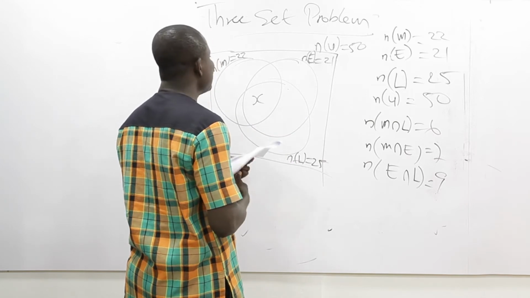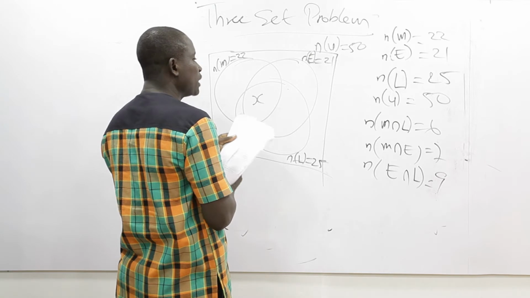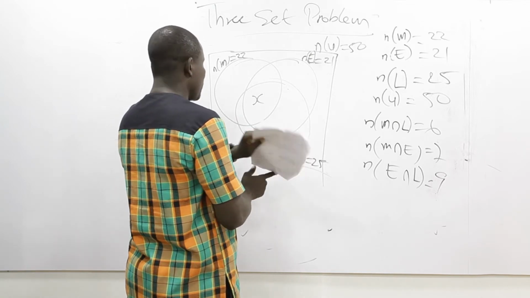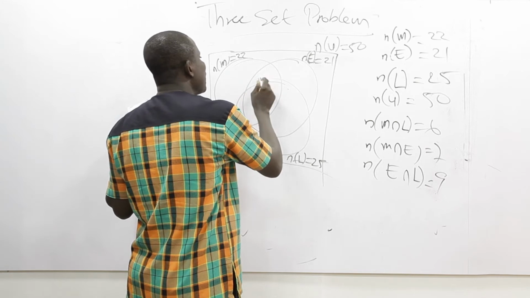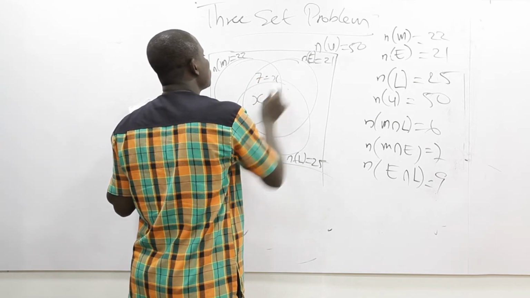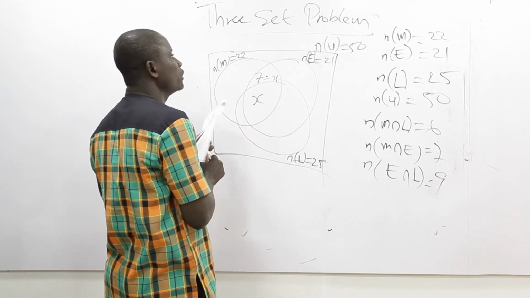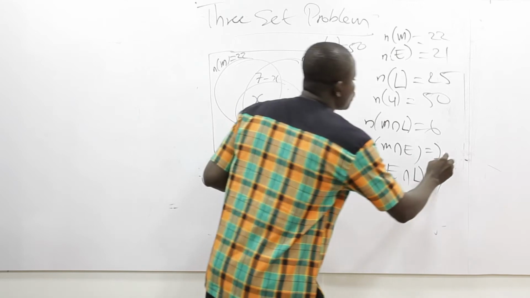So if mathematics and English is 7, the whole of this place is 7. Then already X is here, so here becomes 7 minus X, because there is already X here, which is part of the intersection. 7 minus X.